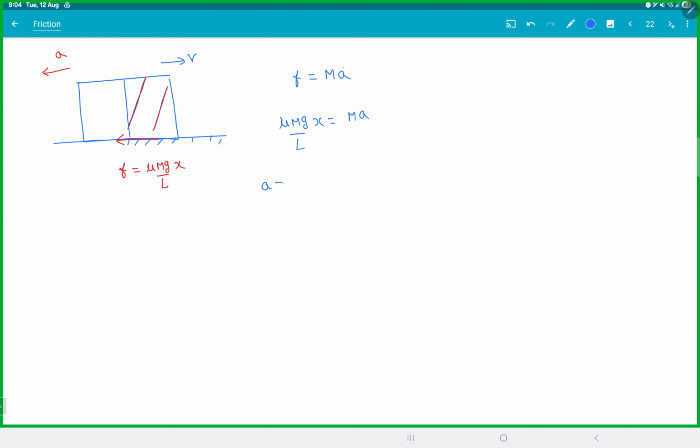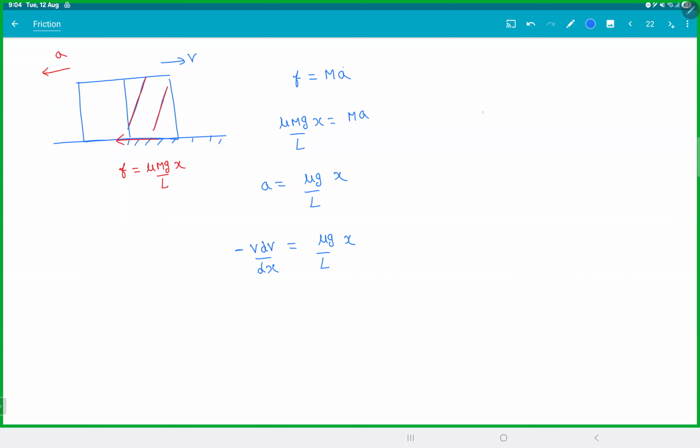So we get an acceleration which is not constant. A is equal to mu gL by x, wait, mu g x by L. Clear with this? This is your acceleration as function of x inside. Then A is equal to minus v dv by dx, because A and V are opposite, it is decelerating. This will be mu g by L into x.